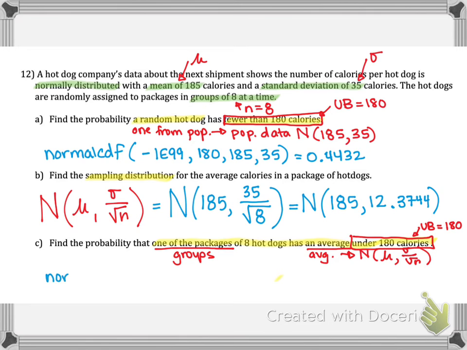This would look like normal CDF, negative 1E99, up to 180 again, same mean of 185, but now we're using the standard deviation of 12.3744. And we can see that our probability decreases. Our probability is now 0.3431.